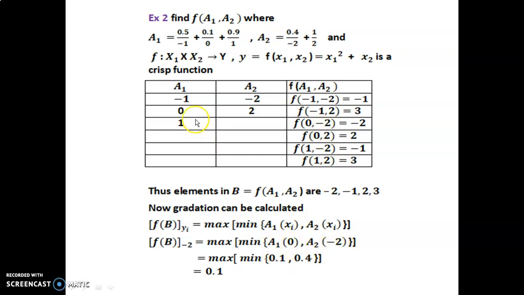For the first fuzzy set, the membership grade A1 of 0 is 0.1. So substitute 0.1. A2 of -2, the grade is defined as 0.4. Minimum number is 0.1, and max of 0.1 is 0.1. Thus, for the element -2, the grade obtained is 0.1.